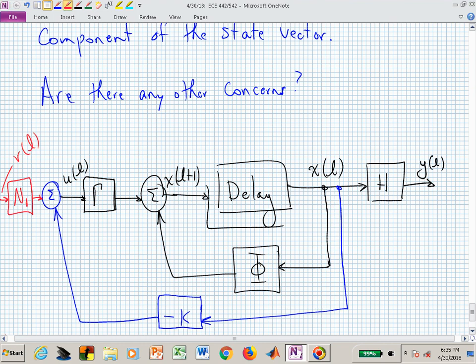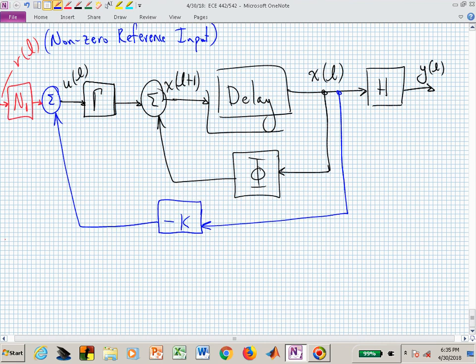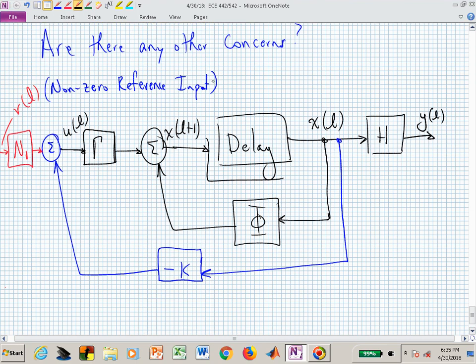So here is our non-zero reference input. And so this allows us to tell the system where to go with the non-zero reference input.